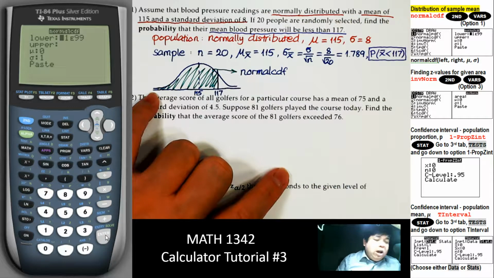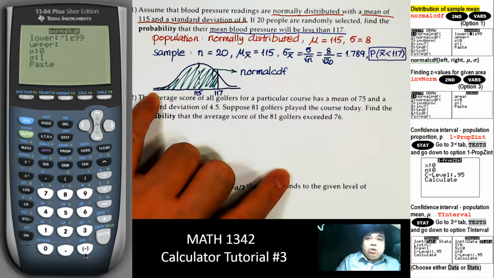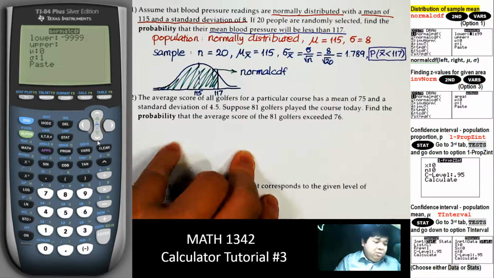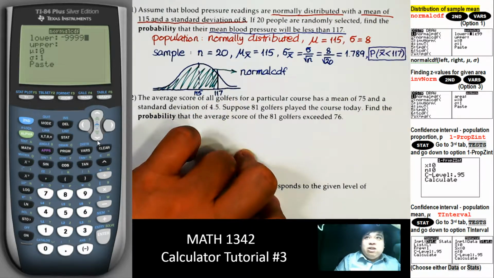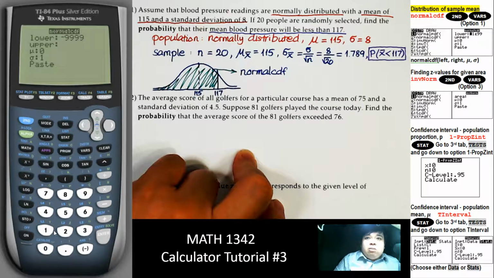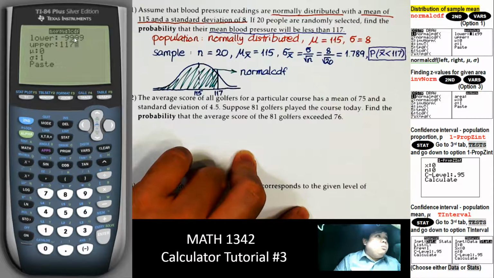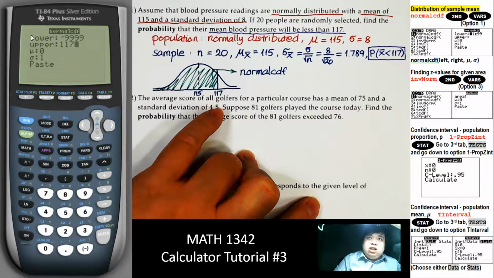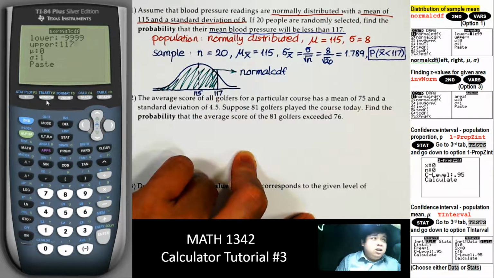For the very small number on this side we can use -999, and then let's have another 9 because this is a little bit big, the 117. Upper is 117. So we want to choose the number that is a lot smaller than this. If it is just 1.7 or 1 point something, then we can choose -999, but just to be safe, put in an extra 9 here.